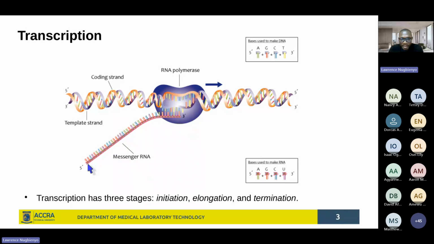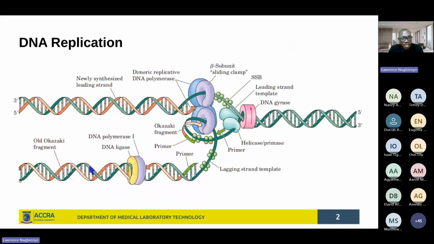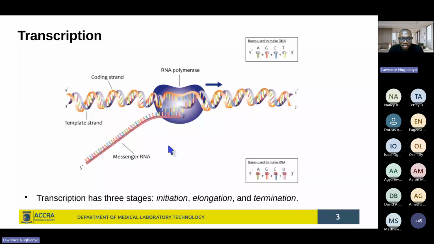What did we see with the synthesis of DNA? When we're looking at DNA replication, you see that the synthesis is from the 5' end to the 3' end. Here, well, in a way, yes, actually the synthesis starts from the beginning, which is the 5' end.